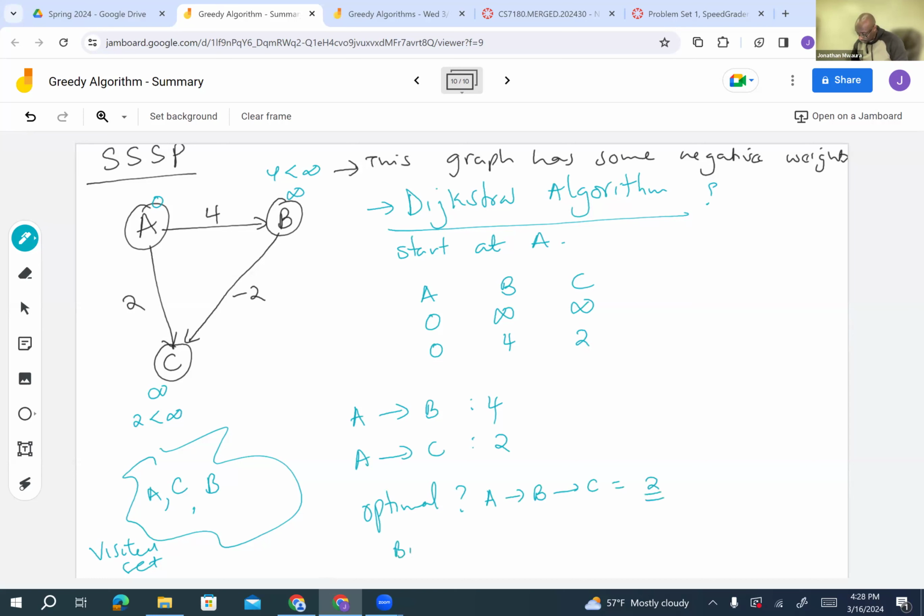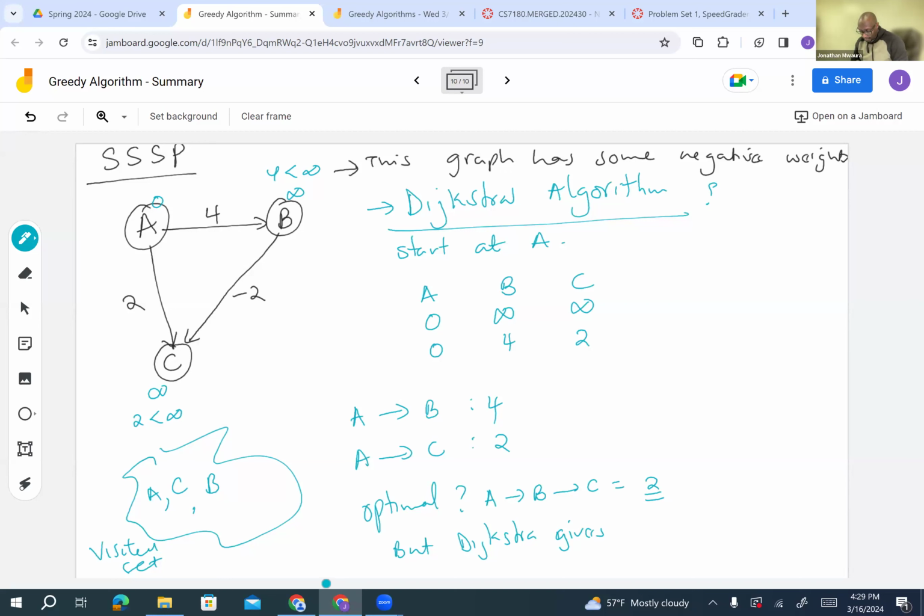But Dijkstra will only consider this. Dijkstra gives 2, well, this is the shortest one here, so maybe that's not a problem.